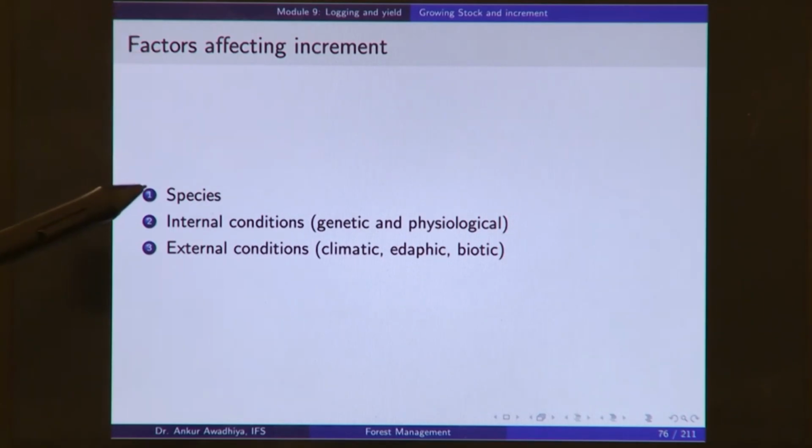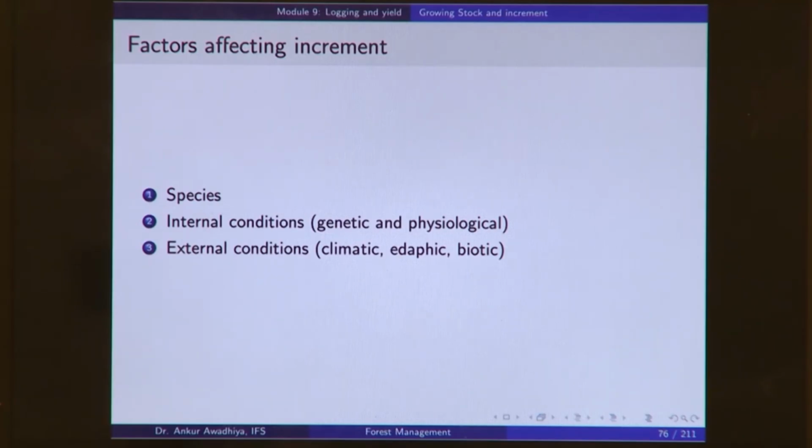Increment also depends on the internal conditions, that is genetic and physiological conditions. Essentially, if you have plants whose parents were showing very fast growth, their genetic constitution is such that they show a faster growth. So, there is a genetic composition involved.